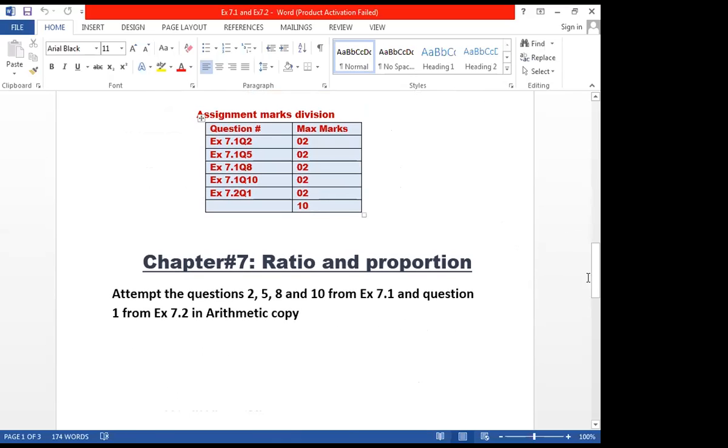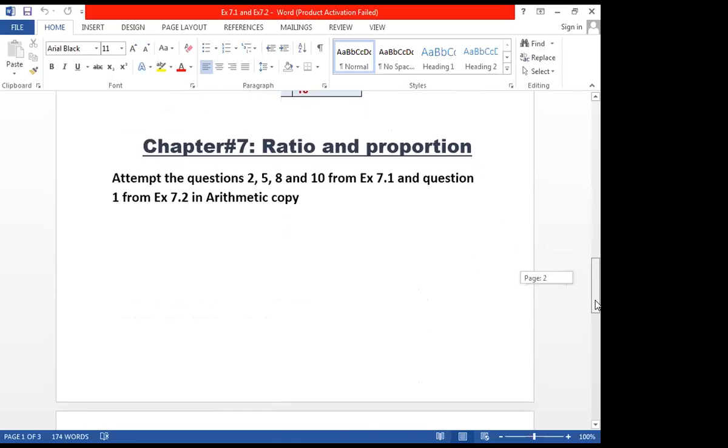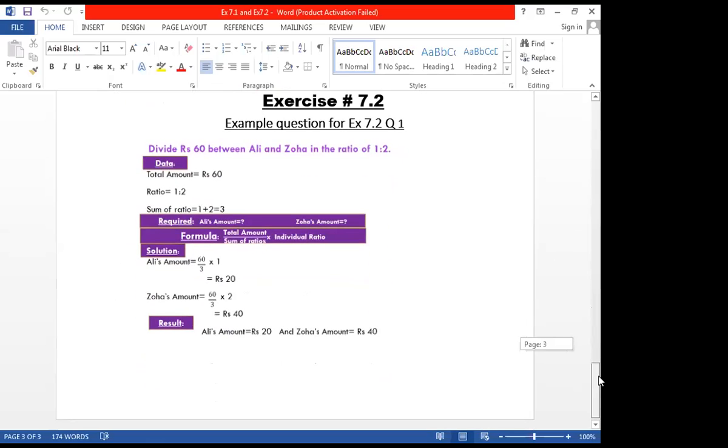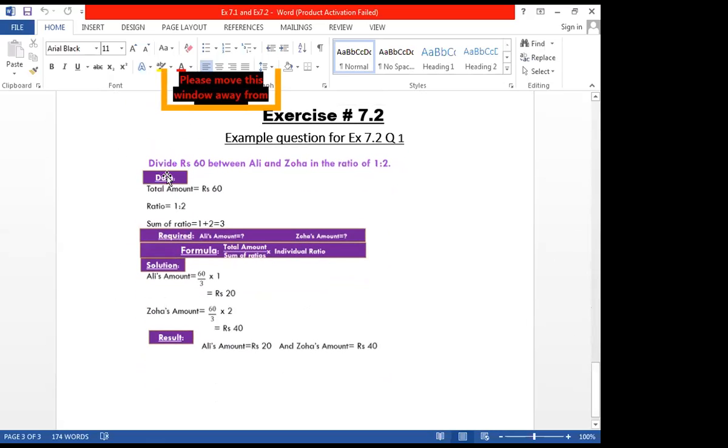This is the marks division given to you. Now here these question examples are given to you. In this way you can solve the given assignment. First you have to attempt exercise 7.1, and then 7.2, you have to write data, required formula, solution and result. Any question? Any question, student?